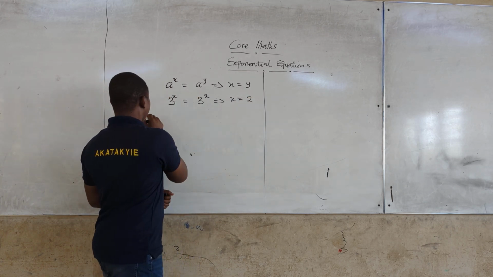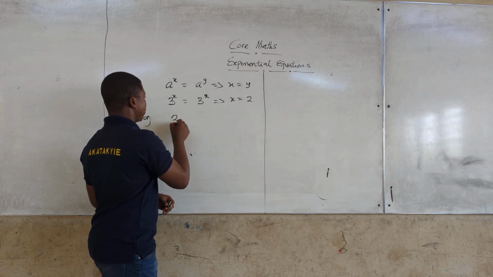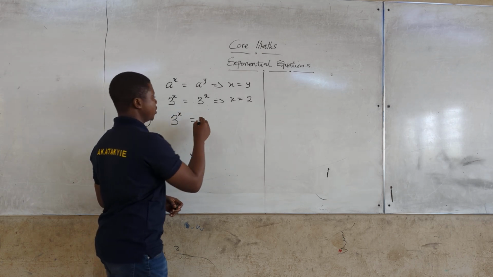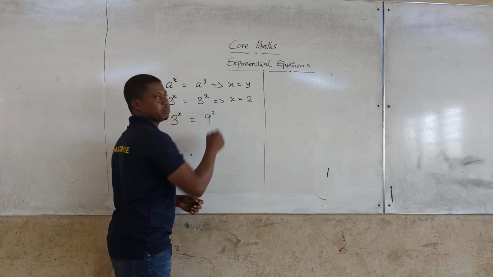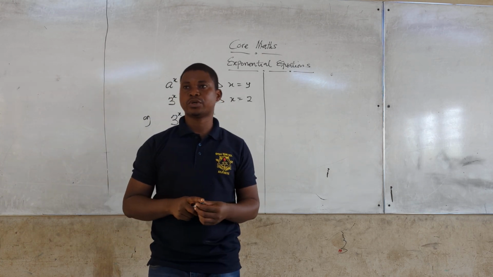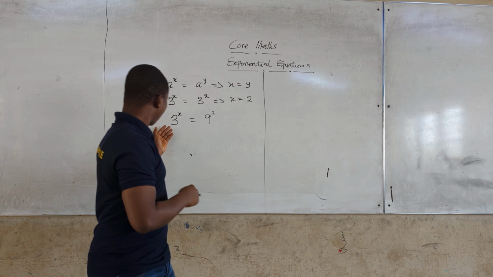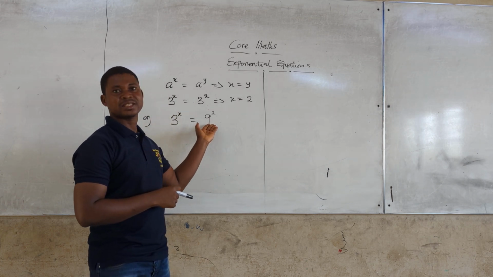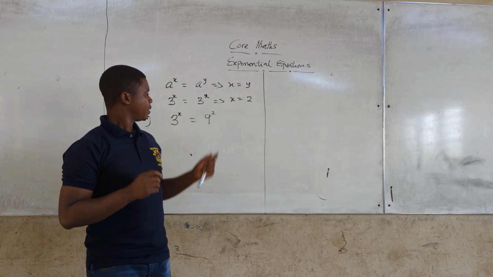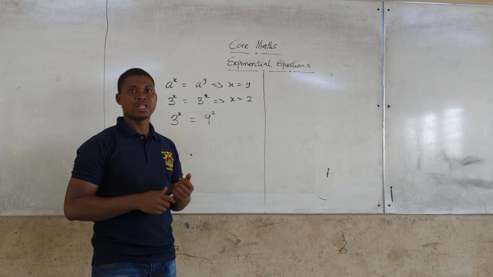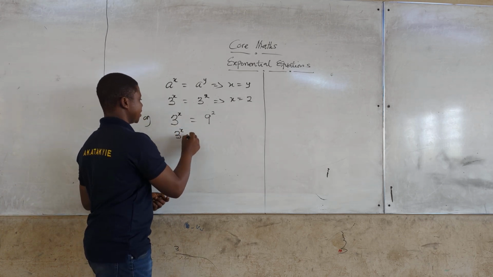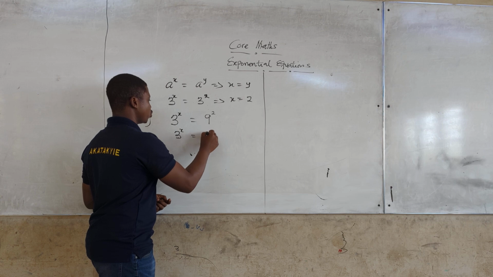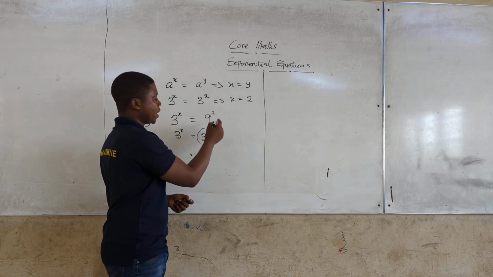Another example, when you have 3 to the power x equal to 9 to the power 2. You have 3 to the power x, and this side is 9 to the power 2. But the 9 can be converted to the base of 3. So this can be written as 3 to the power x equals 3 to the power 2, all to the power 2.